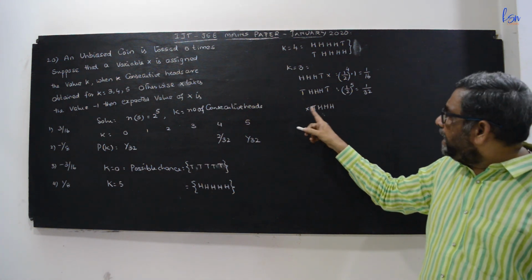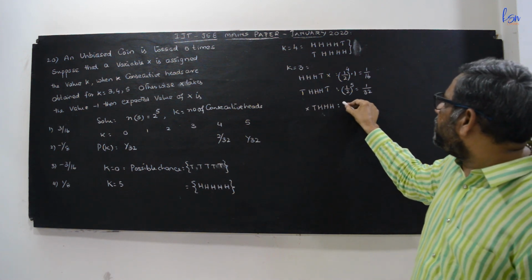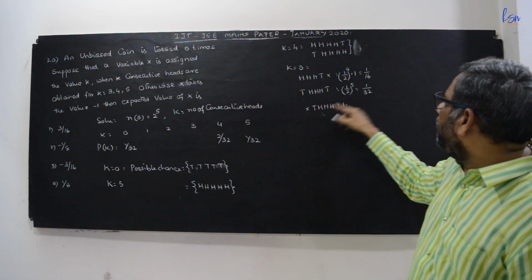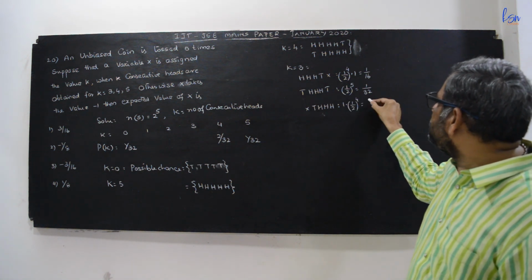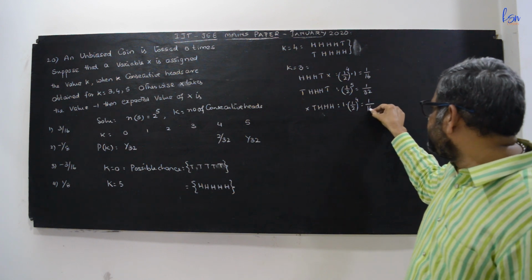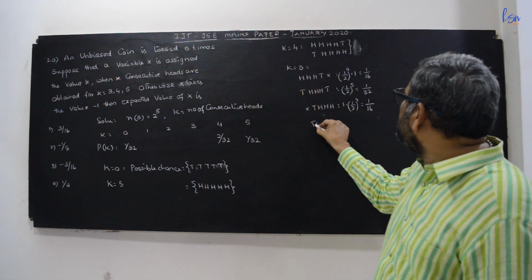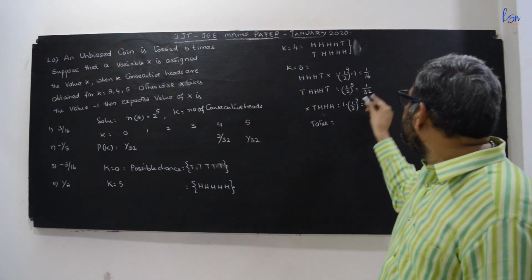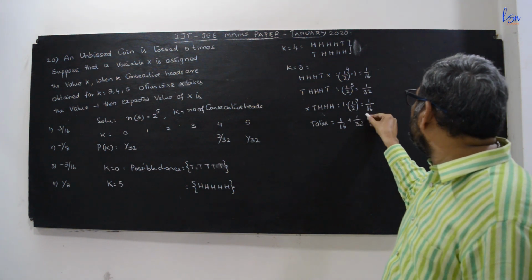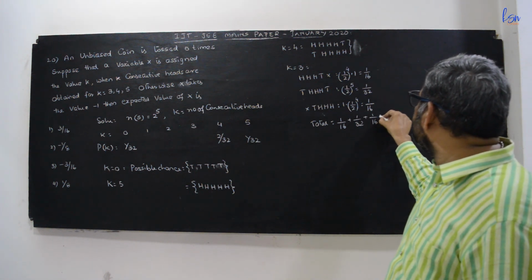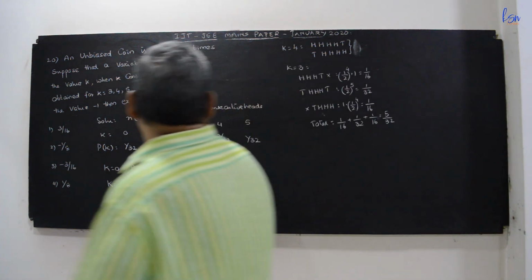So this is 1 into 1 by 2 to the power of 4, which is 1 by 16. So the total chances for 3 consecutive heads is 1 by 16 plus 1 by 32 plus 1 by 16, which is equal to 5 by 32.